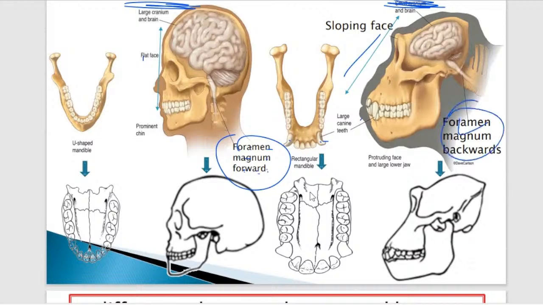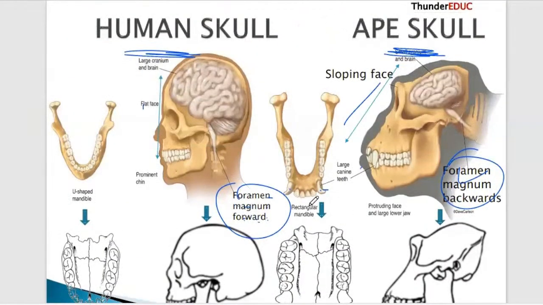That's it. Then prognathus, the protruding jaws. Look at the jaws here. The jaws are protruding out. If I do the line here, you see that the protrusion is too much, while here it is just straight. So this is the protrusion of these jaws.